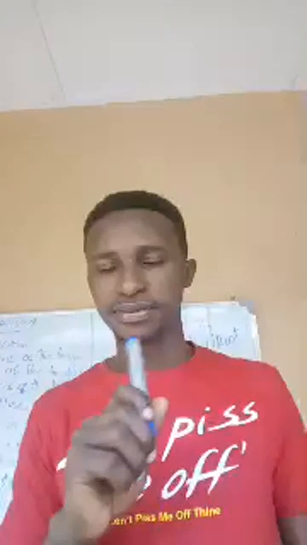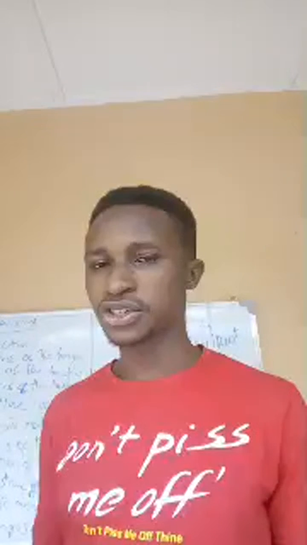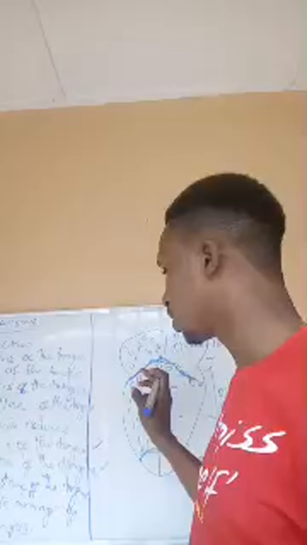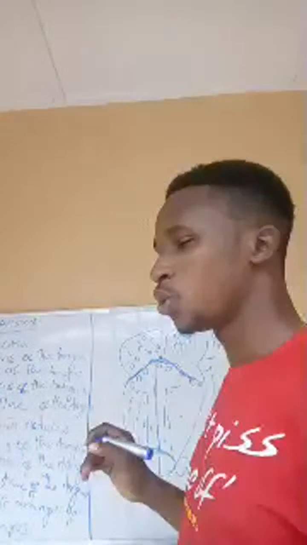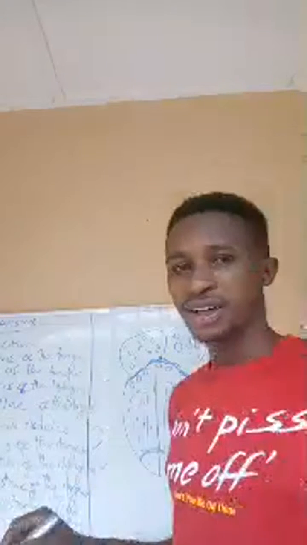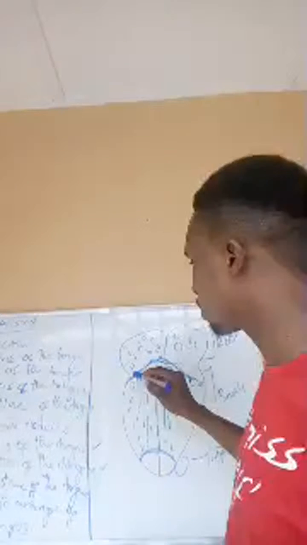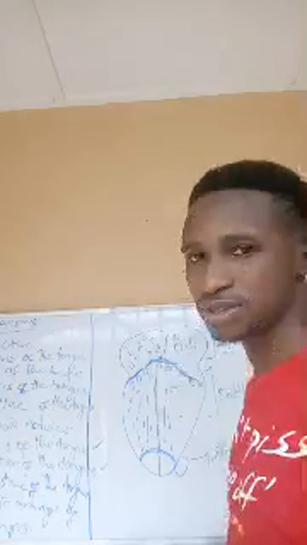But take note, though it gives special innervation to the anterior two-third of the tongue, there is something that is not innervated by it. This is what we refer to as the circumvallate papillae. Remember, I told you that the circumvallate papillae are very close to the V-shaped terminal sulcus.